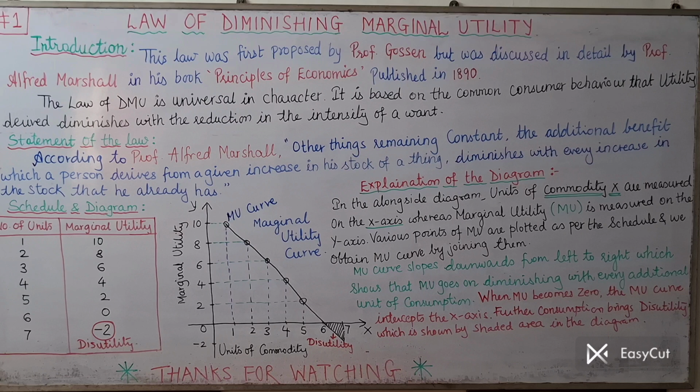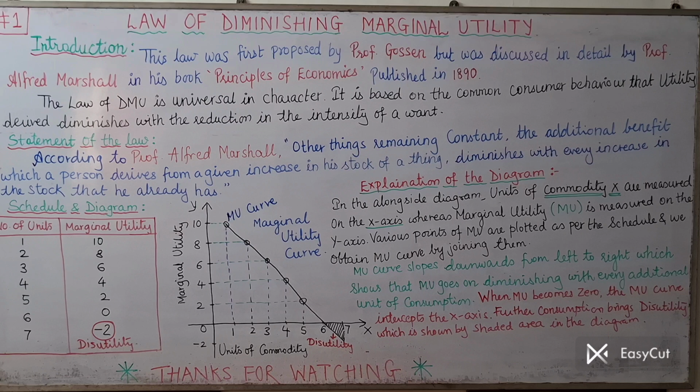According to Professor Alfred Marshall, other things remaining constant. See, this is a ceteris paribus assumption. That means whatever are the underlying conditions of the law, we have to follow those. So following those conditions, this phrase is used, other things remaining constant. What happens in the law? The additional benefit which a person derives. That means nothing but marginal utility. The additional benefit which a person derives.